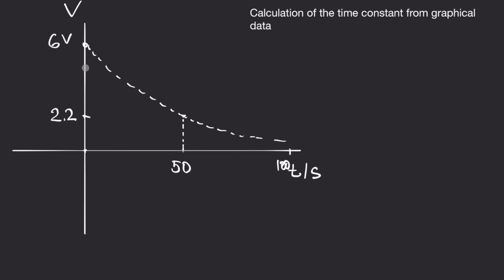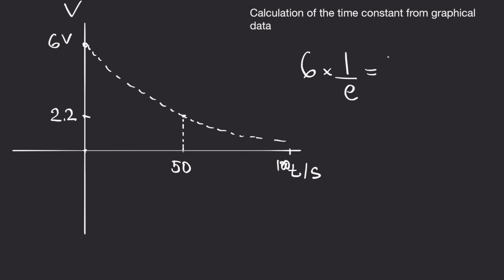So the first thing is to look at the initial value. In this case, this here is 6 volts. And then what I'm going to do is just multiply this by 1 over E, which is E to the minus 1, which is 37%, roughly 1 over E. So this here is the initial voltage divided by E.